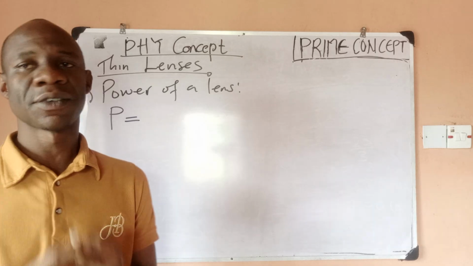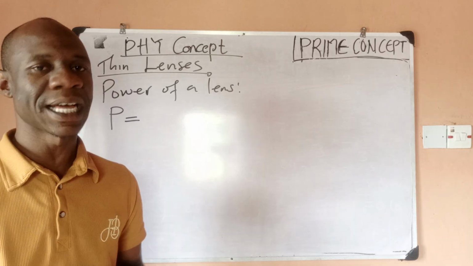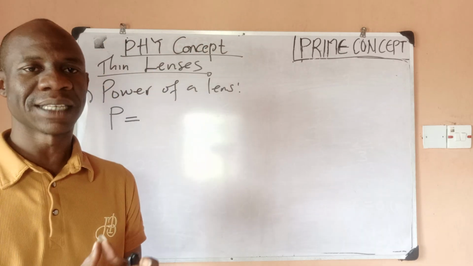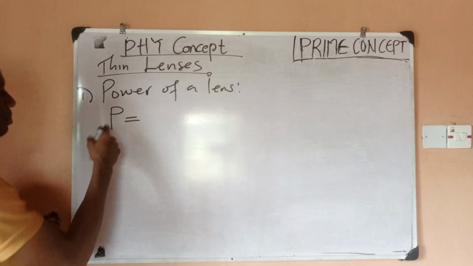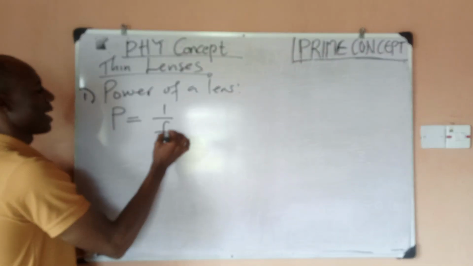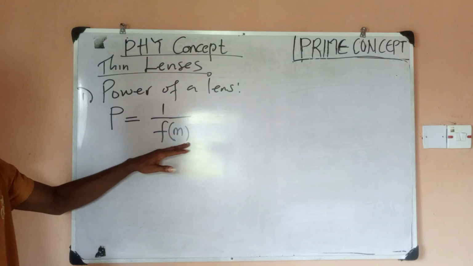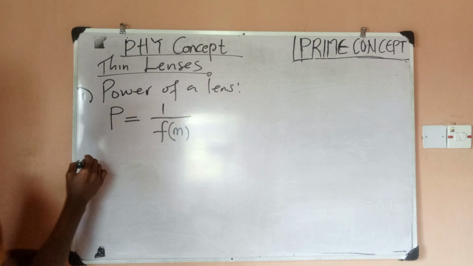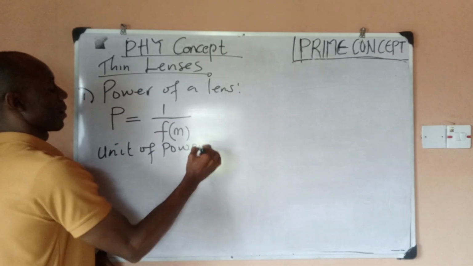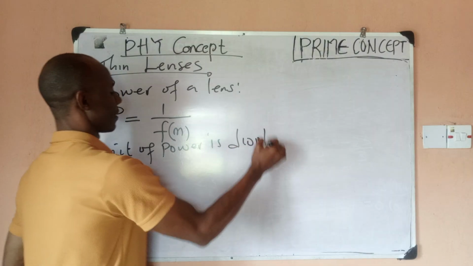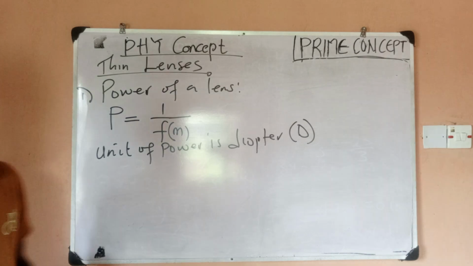And in case the focal length is given in a unit other than meters, then you would need to convert it to meters. When it is in meters, the reciprocal will then represent the power. So power P is 1 divided by F, as long as F, the focal length, is measured in meters. The unit of power is the dioptre, which we denote with capital letter D.